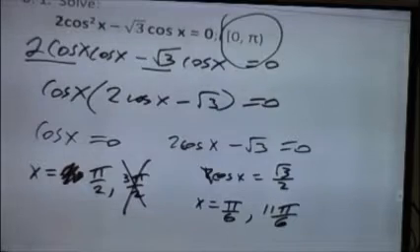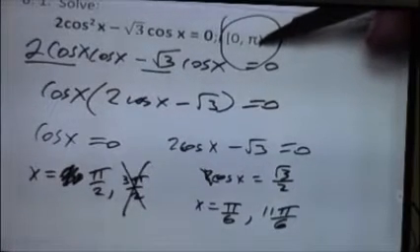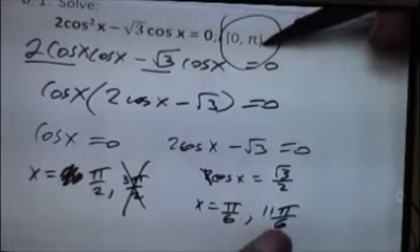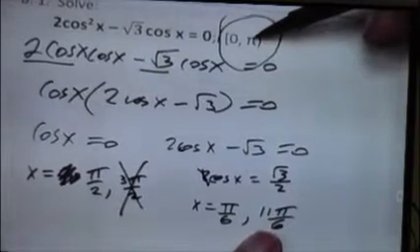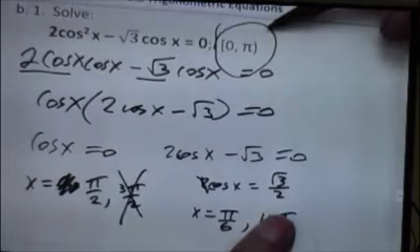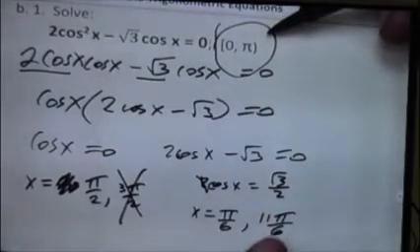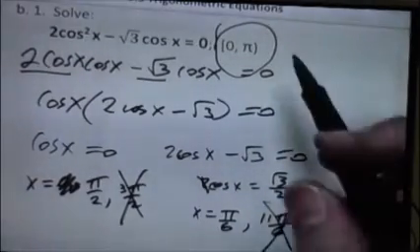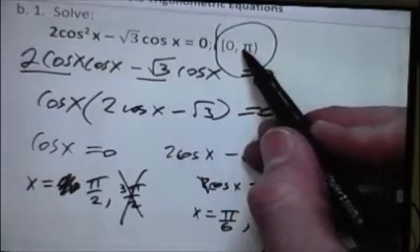Same as the first one, I look back at this domain, and I realize that the 11 pi over 6 is outside of the restriction, outside of what I was told. So I can't use 11 pi over 6. Pi over 6 is good, but not 11 pi over 6. This is saying from 0 up to pi is allowed.